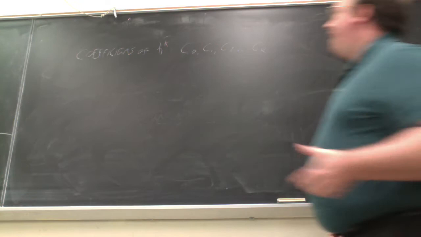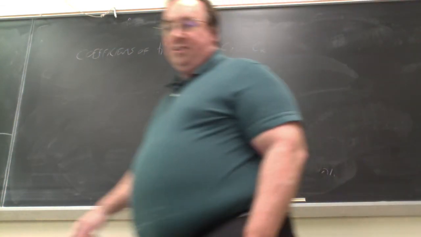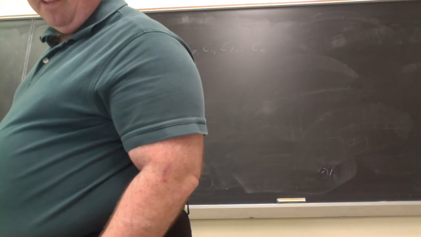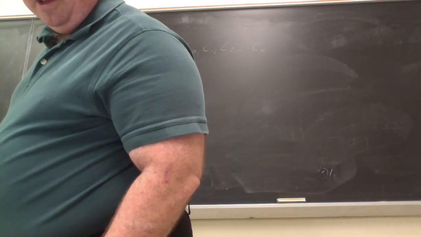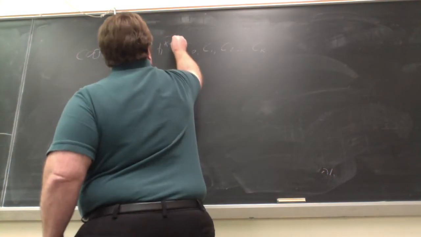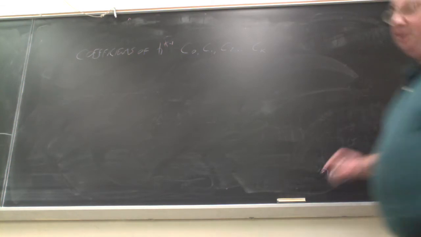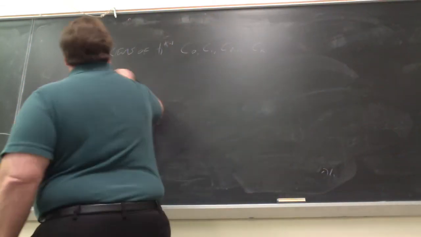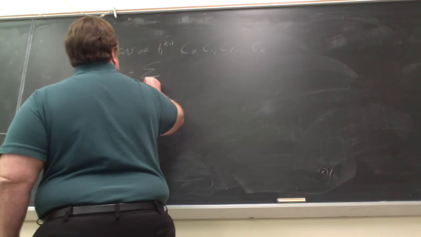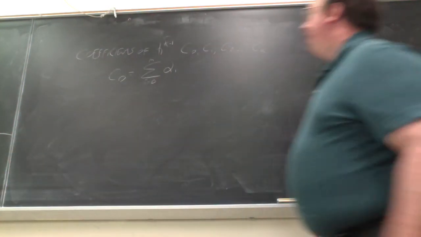So each Ck is the coefficient of h to the k minus 1 in this. I can give formulas for that. So C0 is just the sum of all the alphas in your multi-step method.